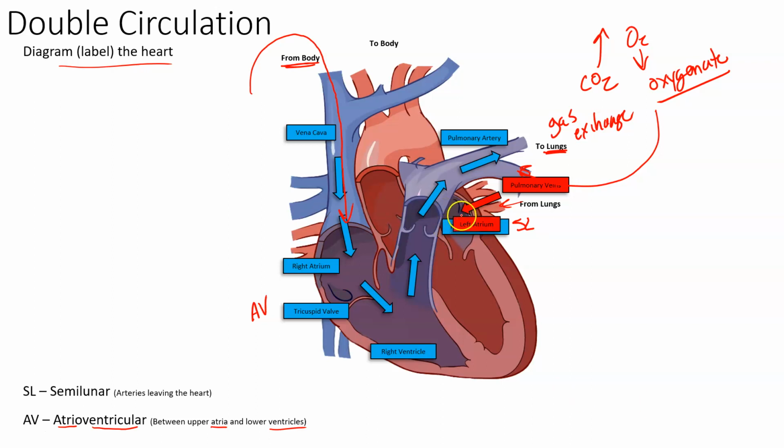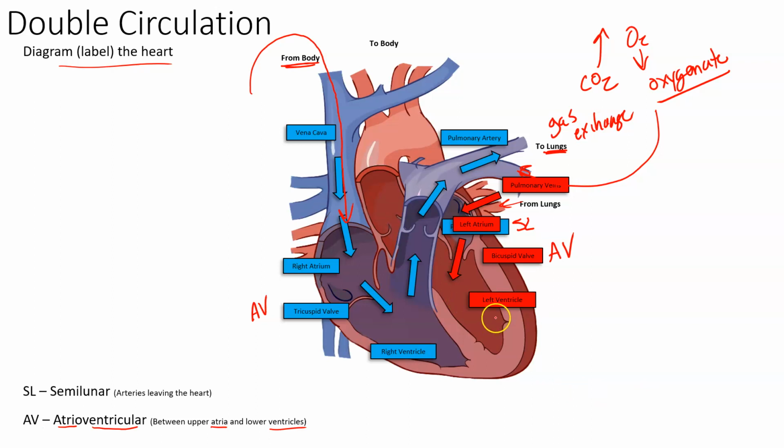left atrium. Once the blood enters the left atrium, it's going to move through the bicuspid valve, which is the second AV valve, atrioventricular valve, again because it is a valve between the atrium and ventricle, moving from the atria into the left ventricle.